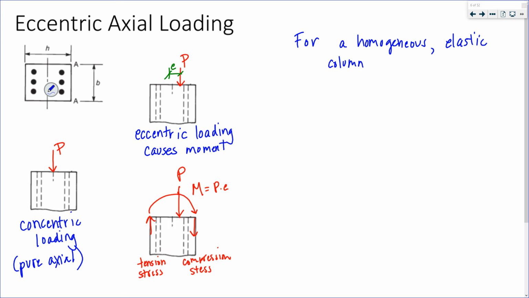Because we have concrete and steel. And let's say it's elastic. Well, we know concrete isn't elastic. It doesn't really have the same behavior in tension and compression, right?